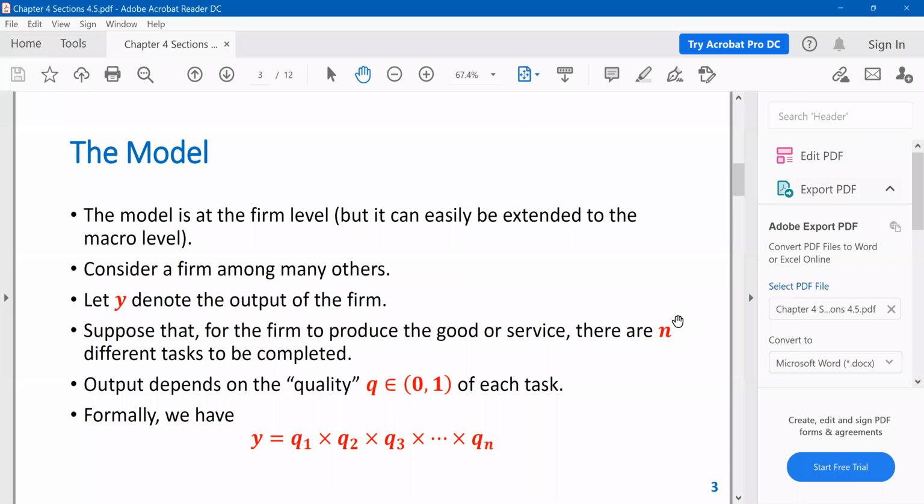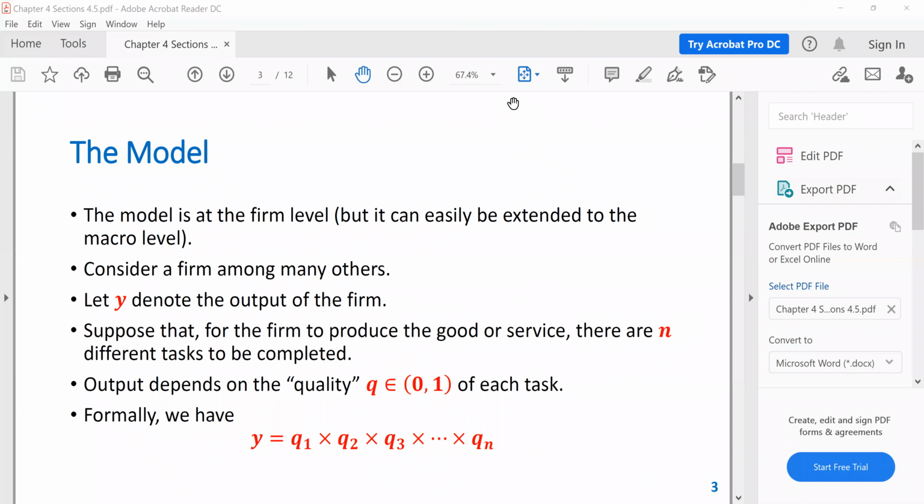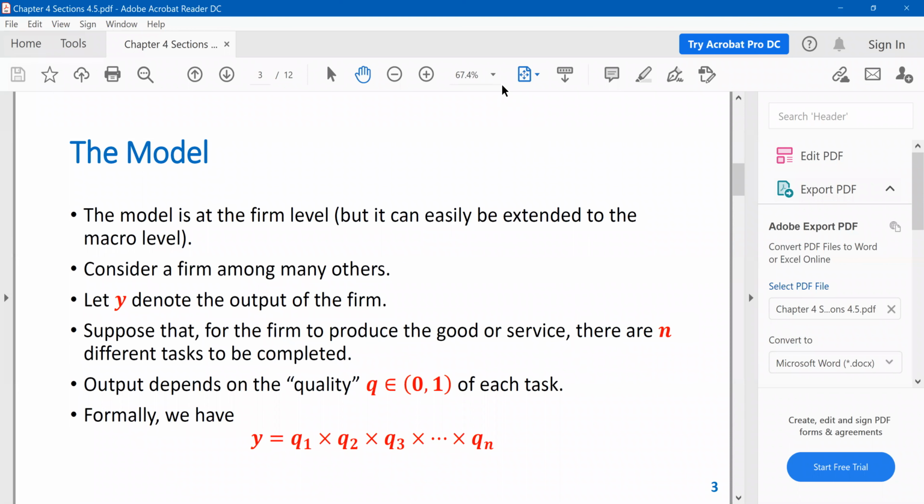Okay, so you may imagine one is transportation, the other is the organization of raw materials, the other is the organization of workers within the factory, the other is the physical production of the good, the other is packaging, etc., right? So there could be many different tasks.